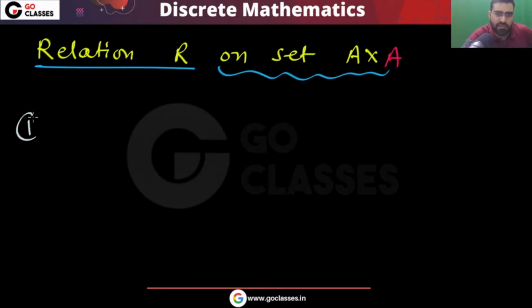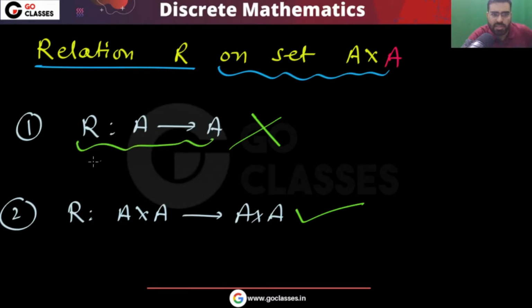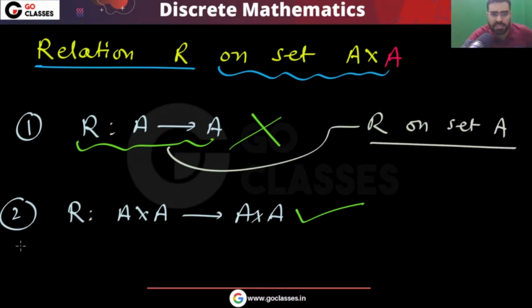Which is correct: is this a relation from set A to set A, or is this a relation from A cross A to A cross A? You can easily see that the first is not correct, the second one is correct. This means you have a relation on set A, it means this relation is on set A. So I hope this point is clear.